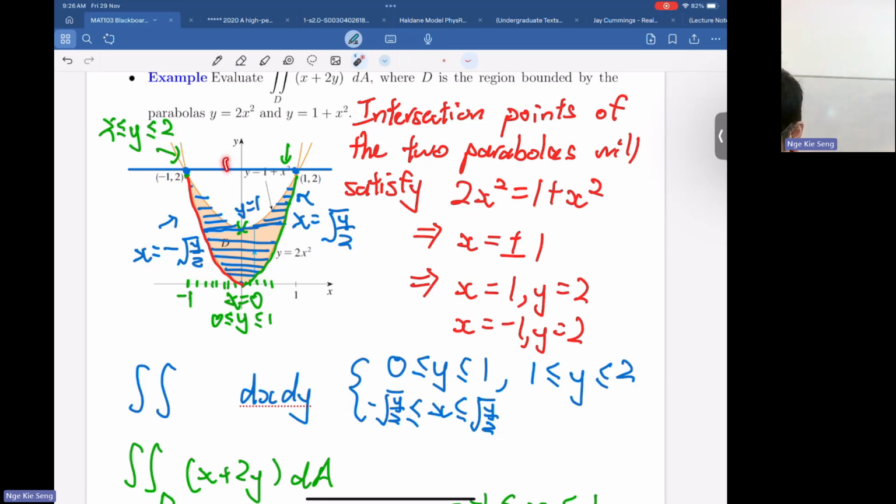Let's remove this line. You should work it out from the curve equation itself. So how do you write x in terms of y? You can write it as x equals plus minus the square root of y minus 1.